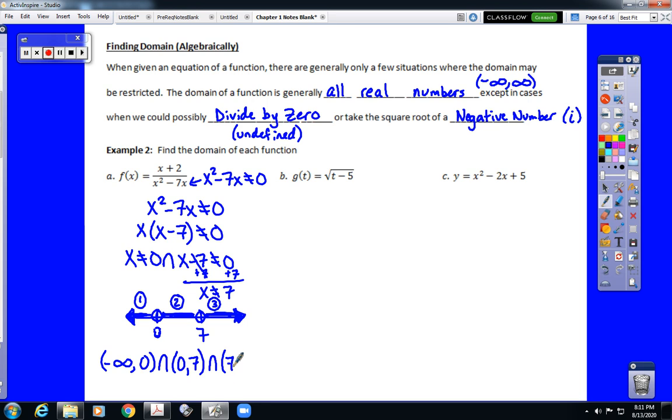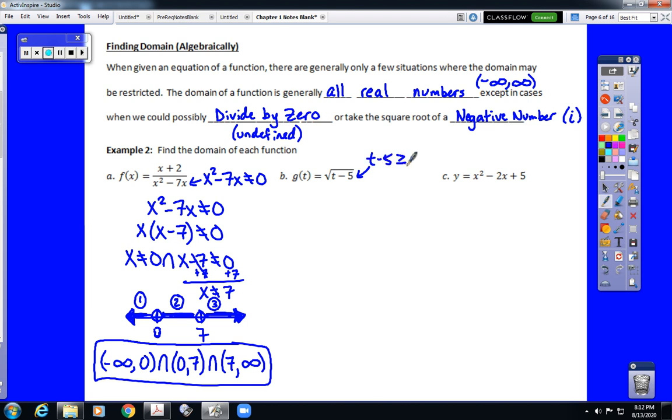And every number greater than 7, so from 7 to infinity, is perfectly fine. So our domain would be negative infinity to 0, and 0 to 7, and 7 to infinity, not including 0 or 7.